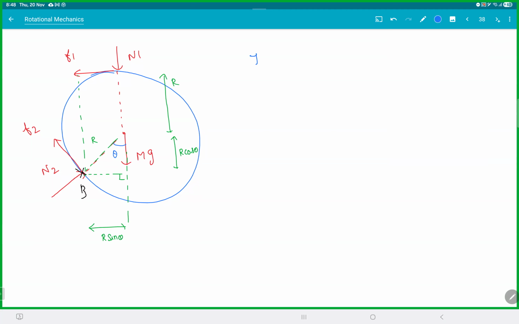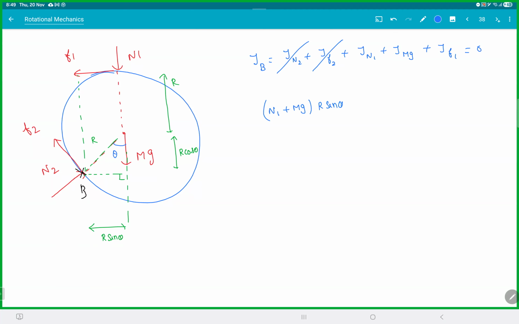So if you take torque about B, torque due to N2, torque due to F2, torque due to N1, torque due to mg plus torque due to F1 must be 0 because it's an equilibrium. N2 is gone, F2 is gone. N1's torque will be N1 plus mg. Both are in the same direction, and the perpendicular distance is R sine theta.